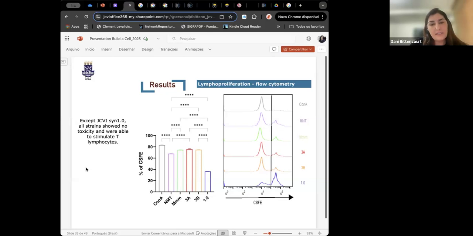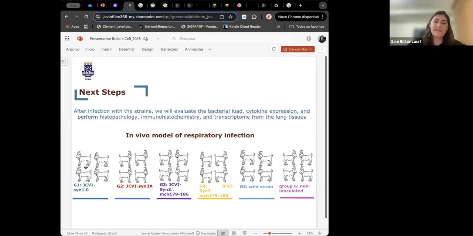To make sure about this, what we are going to do in the next step, pretty soon, since our animals are already in adaptation, is start in a couple of weeks. We will perform an infection assay in vivo.